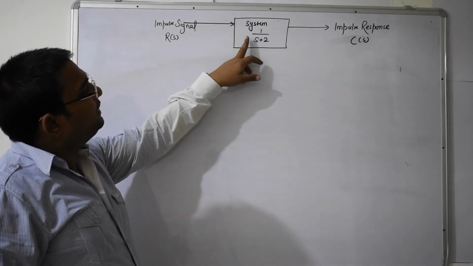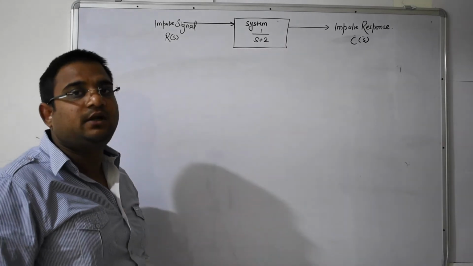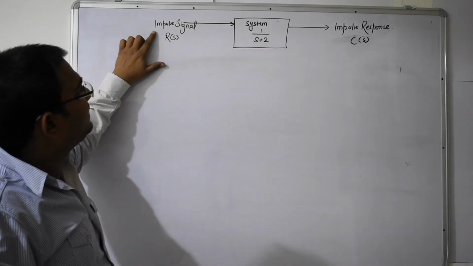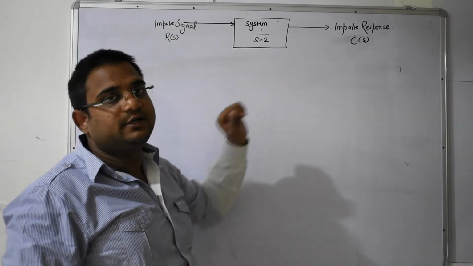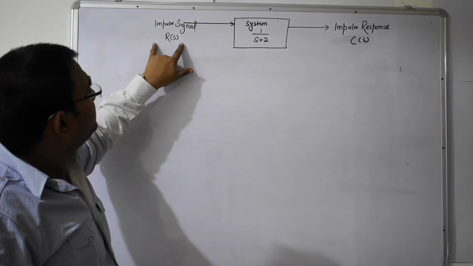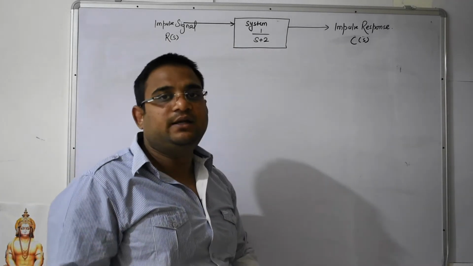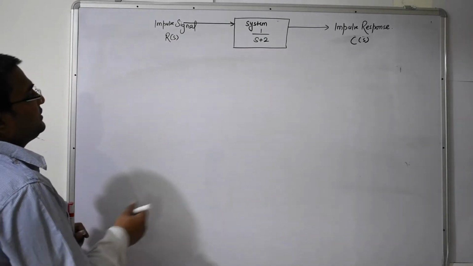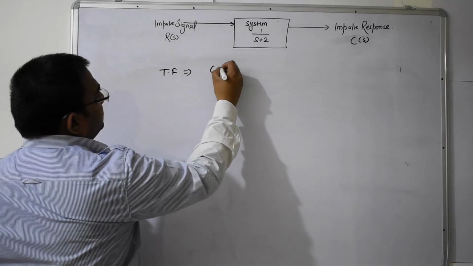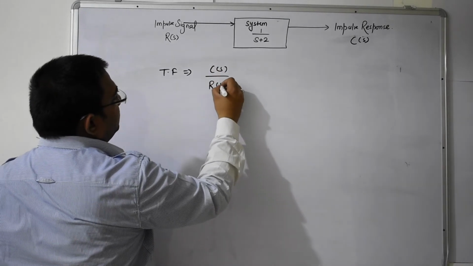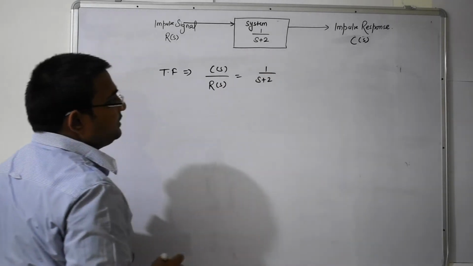Consider this system. I have assumed that the value of the system is 1 upon s plus 2, and I am giving the impulse signal at the input side, and at the output side I am getting the impulse response. I am denoting this input by R(s) and our output by C(s). So the transfer function of this system is equal to C(s) by R(s), which is equals to 1 upon s plus 2.